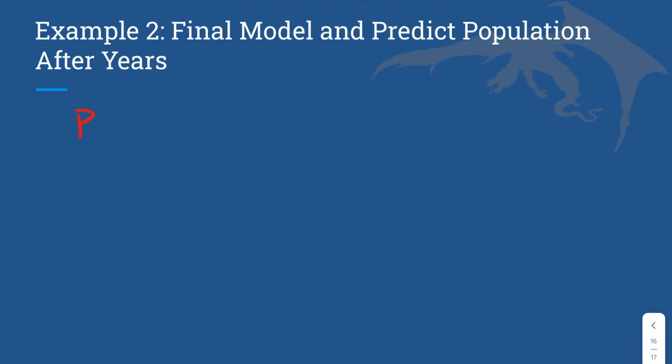And so P of T is equal to 800 over 1 plus 79E to the negative 0.936 T. And we can plug in 5 to predict the number of campers that will have heard the rumor after 5 days.